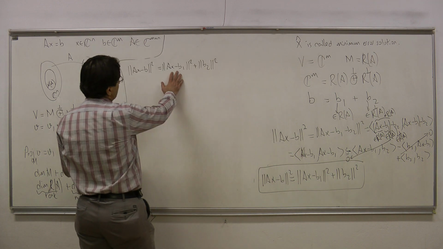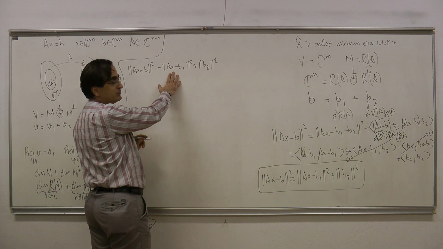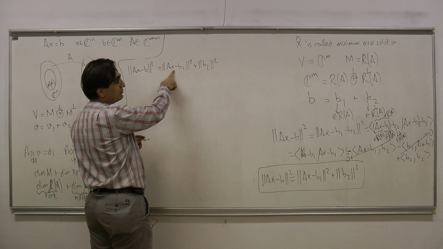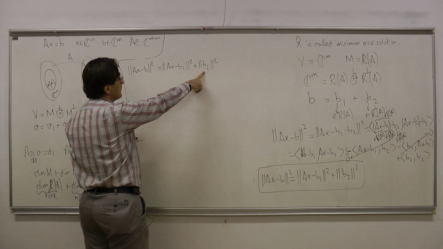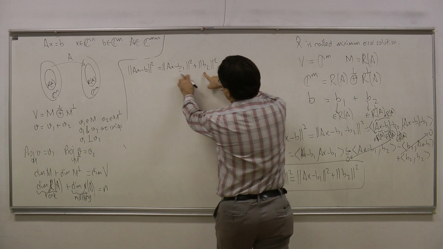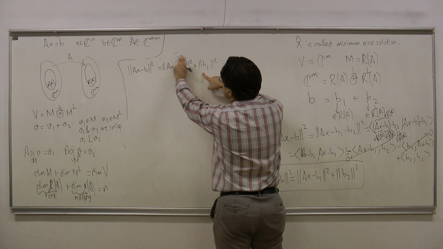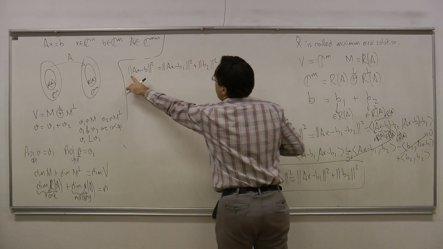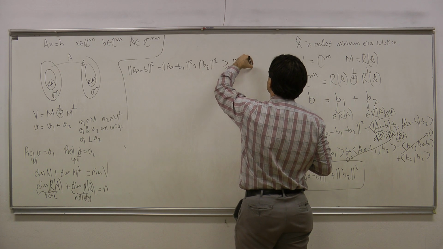Now I see that between these terms, only one of them is dependent on the optimization variable. Only this term is dependent on the optimization variable, and the second term is always a constant. Okay? So whatever I choose for this x here, because this norm is non-negative, ax minus b squared is always larger than or equal to b2 squared.